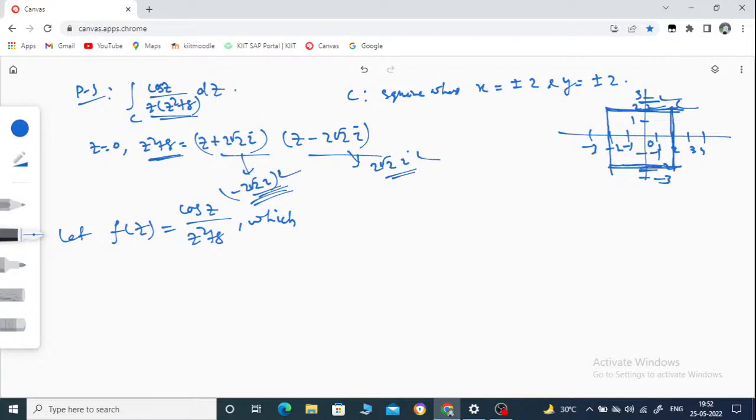Because for this f of z, I can say it is analytic inside and on C. What is my curve C? This square. So inside this square, this thing is analytic, so I can take this as my f of z.